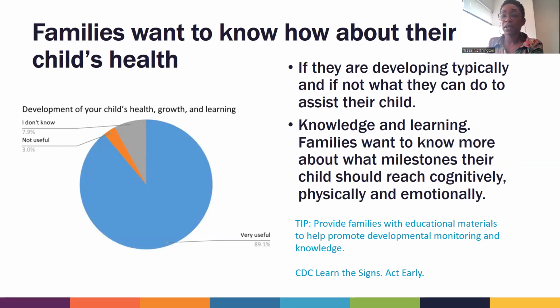And lastly, we have one additional thing that we can educate families on, and that is what to know about their child's overall health. So once again, 89.1% of families reported that they would love to know more about their child's developmental health, growth, and learning, and if they are doing the right thing, and if they are not, how they can assist their child. We can provide families with information on how they can best assist their child, things that they may not know: facts, quick tips, resources, applications, checklists, all those types of things, so that they can monitor their child's development.